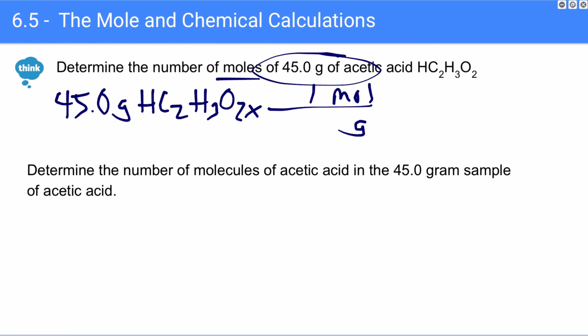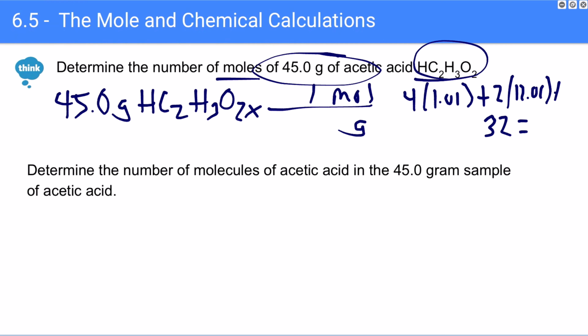In order to do this, we need the molar mass here. So to get the molar mass of acetic acid, we're going to take 4 times 1.01 plus 2 times 12.01 plus 32, or 2 times 16.